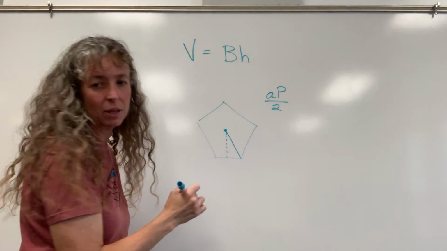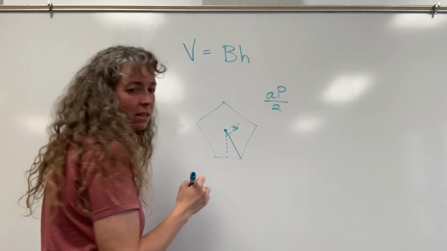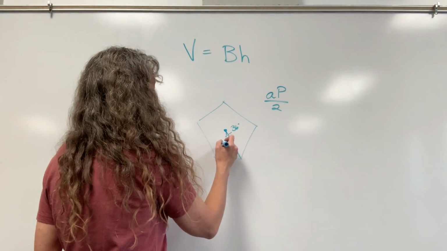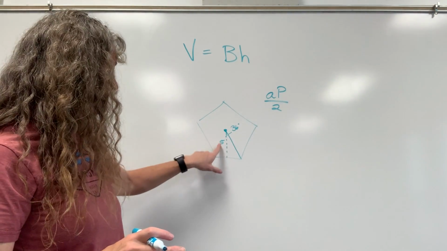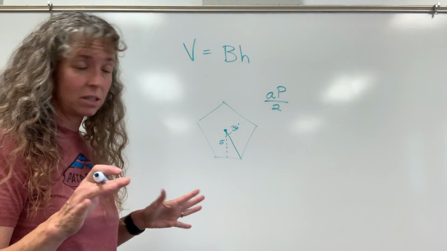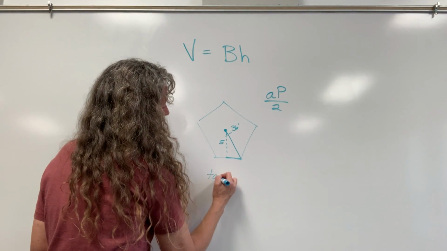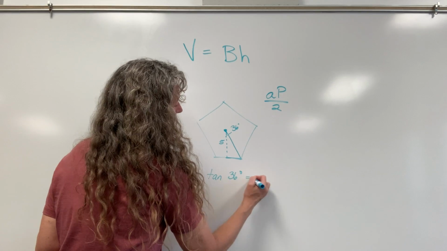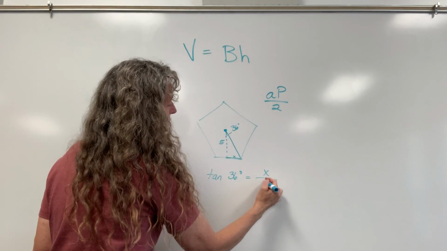They already did some of the work for us by telling us that this is 36 degrees. Thank you for that. And that this is 5. Awesome. That's super helpful. Hopefully you remember, if I have a degree here and a side, I can use tangent to figure out this little section right here, right? So the tangent of my 36 degree angle is opposite over adjacent, which is 5.